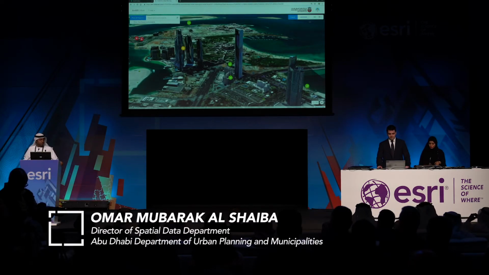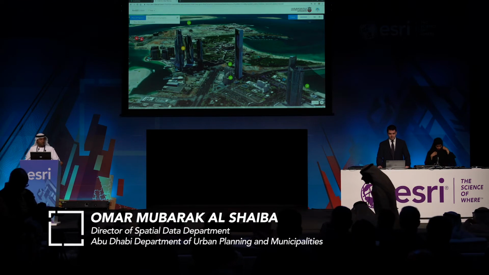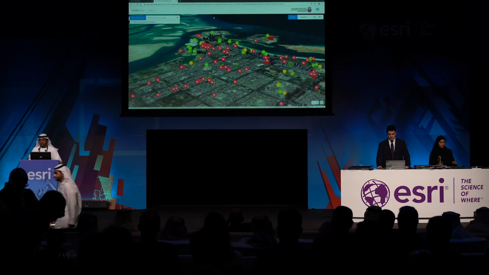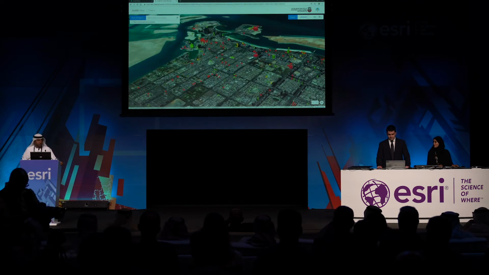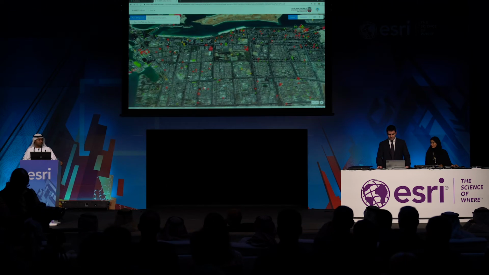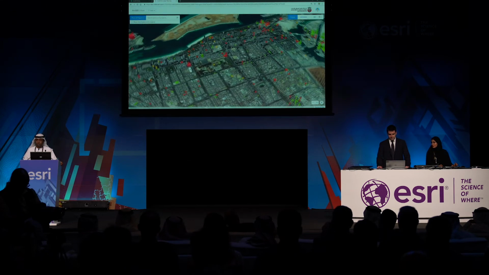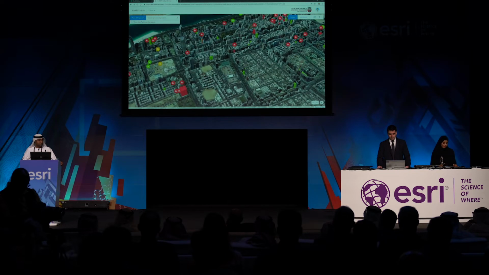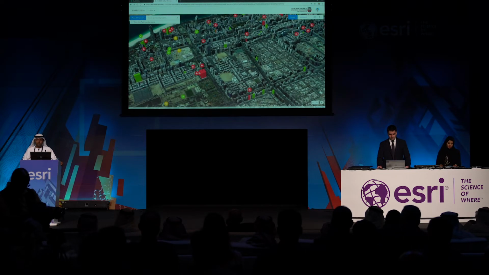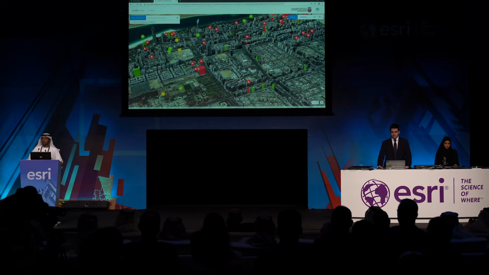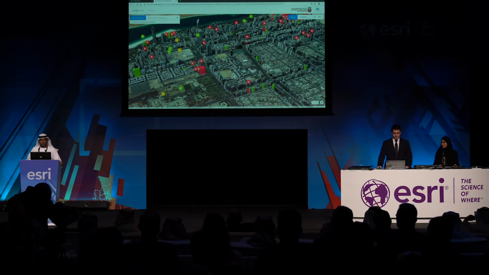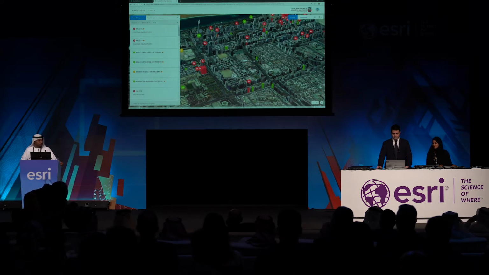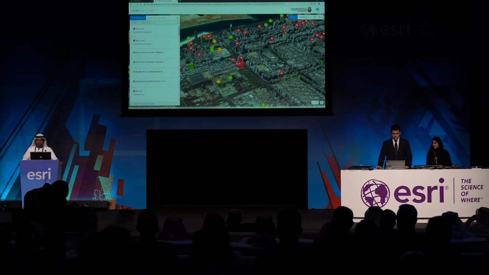Today, Abu Dhabi is a world-class leader in planning guidelines, standards, and master plan implementations for city development. In response to major development, the Department of Urban Planning and Municipalities in Abu Dhabi with Esri have partnered to design solutions to shape the city by using ArcGIS Urban.